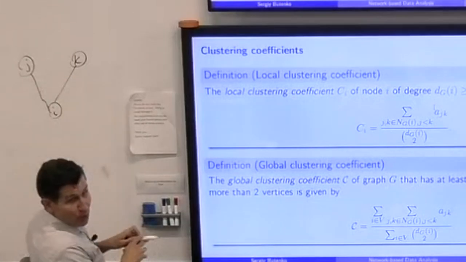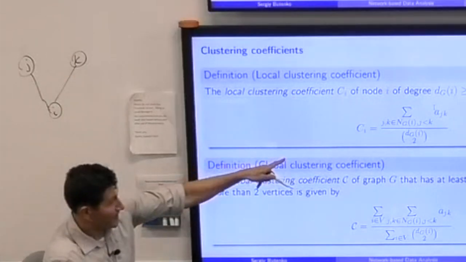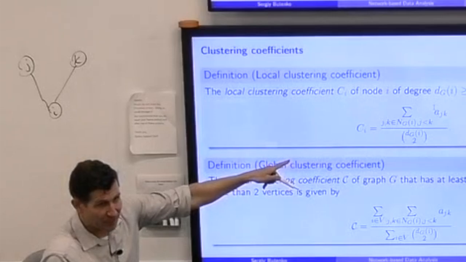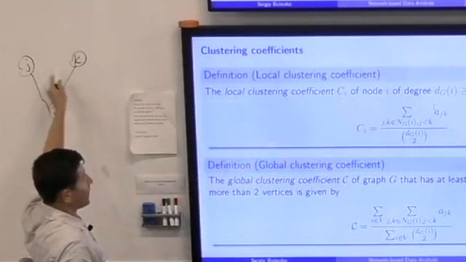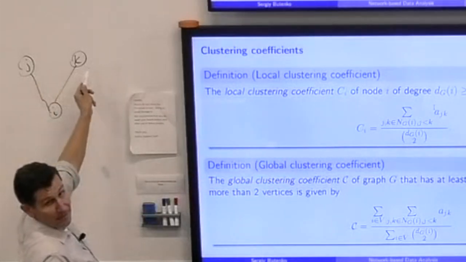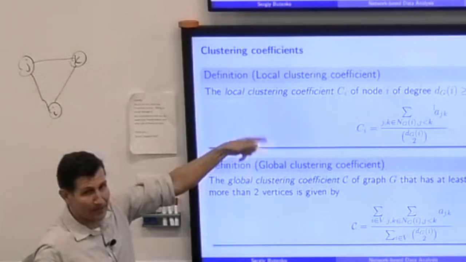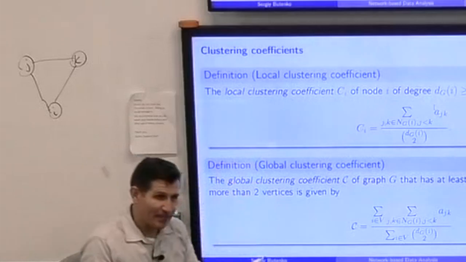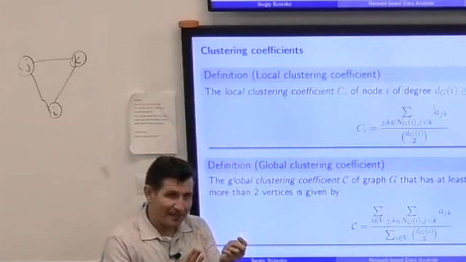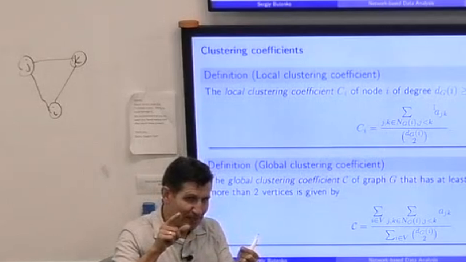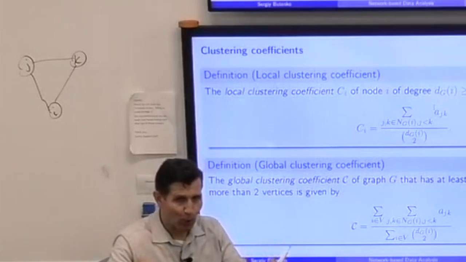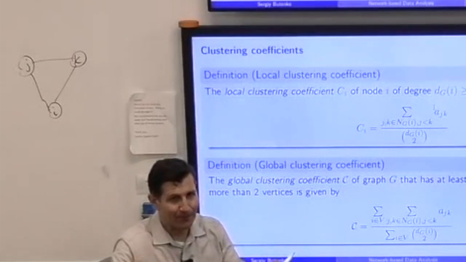These are 2 neighbors of I, and we add ajk to the count, right? If there is no edge between j and k, we don't add anything. If there is an edge, then we add 1 to the count. So essentially it just counts the number of edges between the neighbors of the vertex I, right?